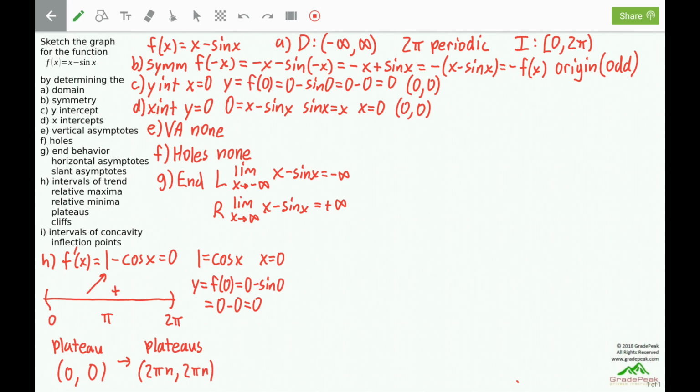There's the location of the infinite number of plateaus. Here, n equals any integer. It can be a positive integer. It can be a negative integer. It can also be 0. N equals 0 will give the 0, 0 plateau that we found on the unit circle interval. N equals any other integer will give all other plateaus.